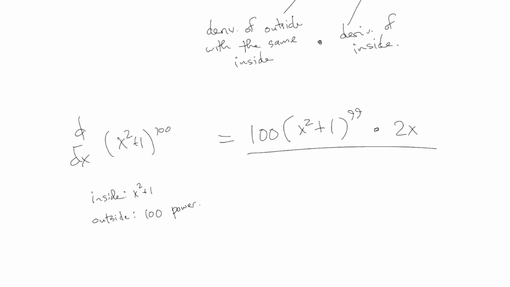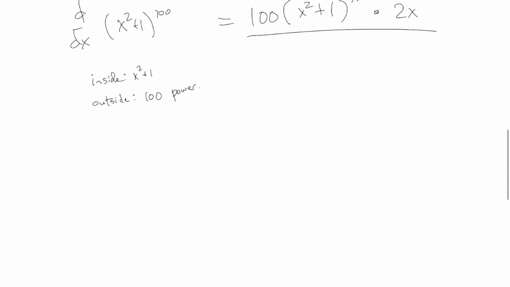All right. Great. Let's try a few more. That was a fairly simple example. I got another simple one, and then some that are a little more taxing. How about 3x squared plus 7x all to the 5? This one is very similar. It has the same structure. We do the derivative of the outside part first.